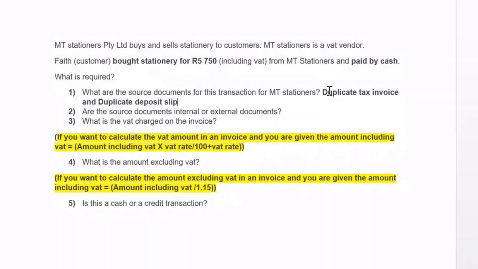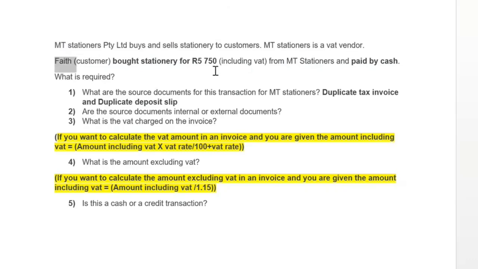So guys, I'm going to repeat number 1 again. Why are we saying this is a duplicate tax invoice? We are saying this is a duplicate tax invoice because we as a business, MT Stationers, sold stationery to our customer Faith.